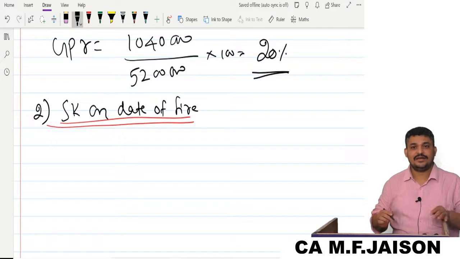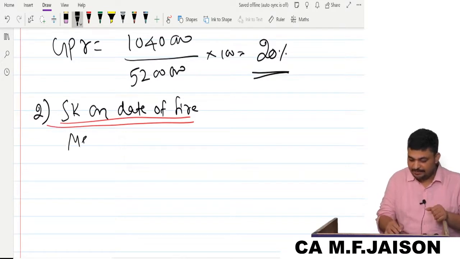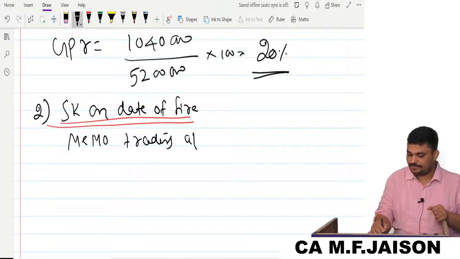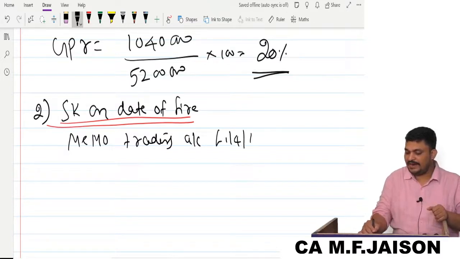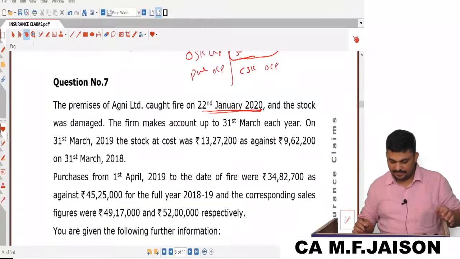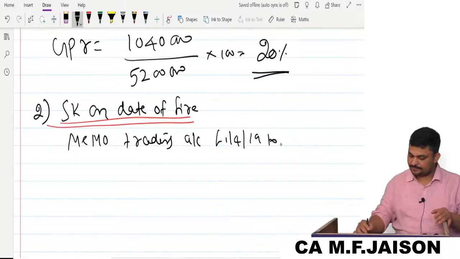As far as stock on date of hire is concerned, we prepare memorandum trading account, which is 1419 to 22nd Jan 2020.